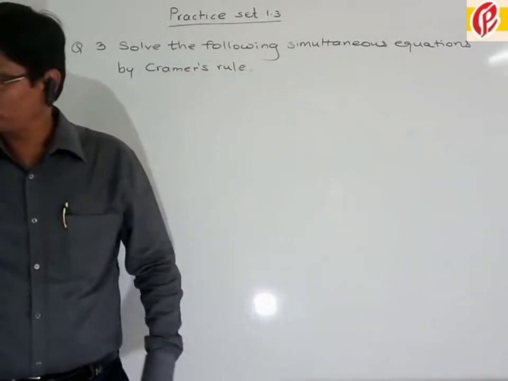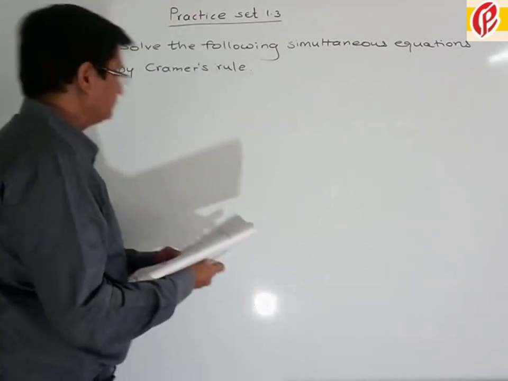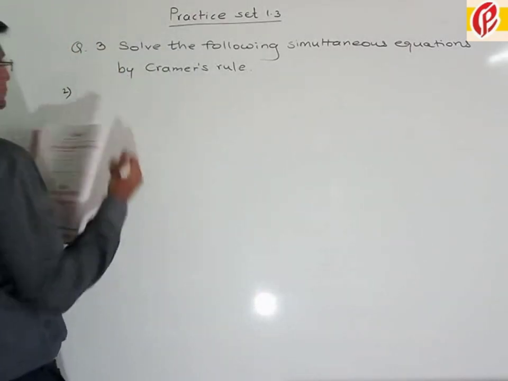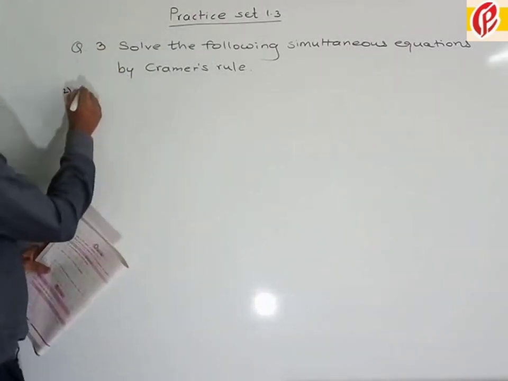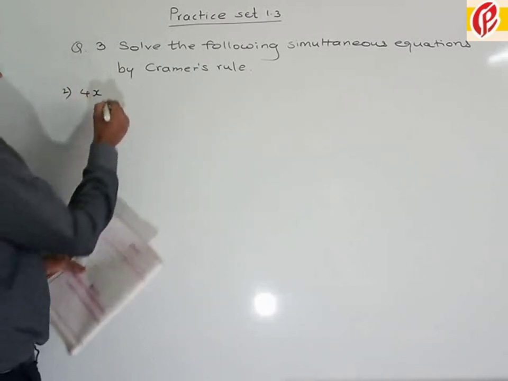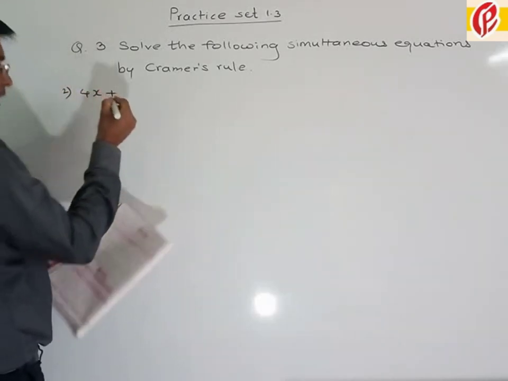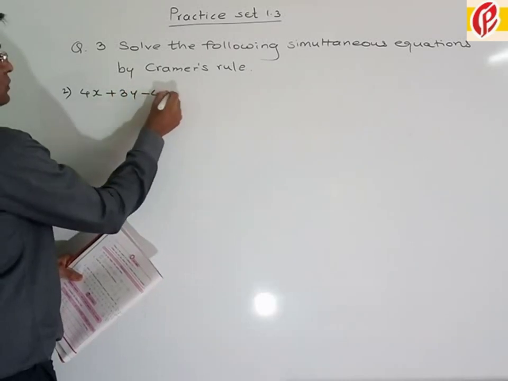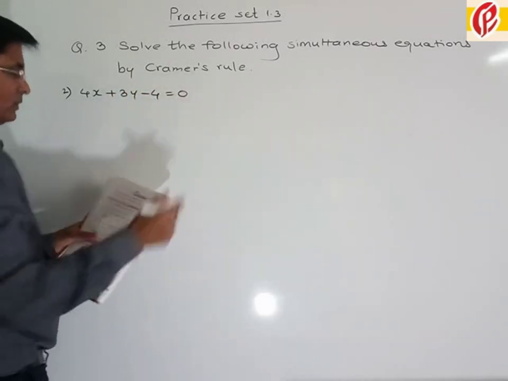Now I will take the second sum, that is 4x plus 3y minus 4 is equal to 0.